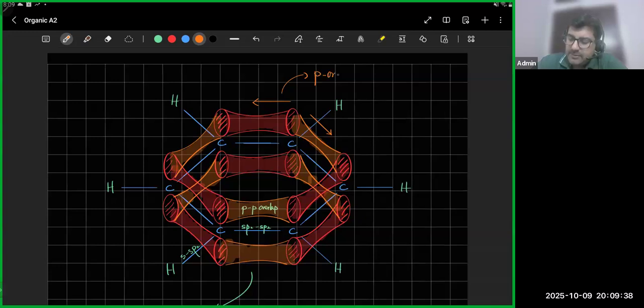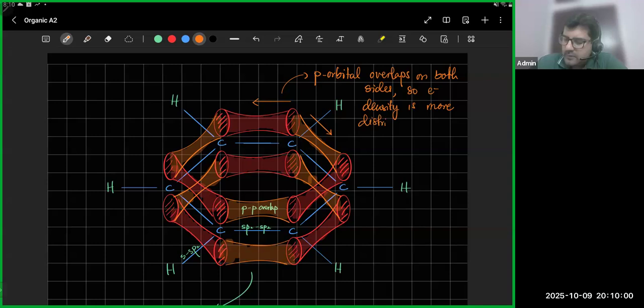So the p orbital overlaps on both sides. So its electrons are more distributed. So the electron density is more distributed, it's more spread out.